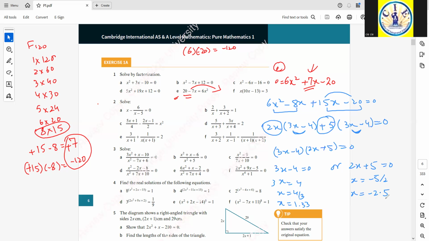So these are the values of x. Or in fractions, you can have negative 2 whole 1 by 2. And this could be written as 1 whole 1 by 3. So that completes solution to part E.